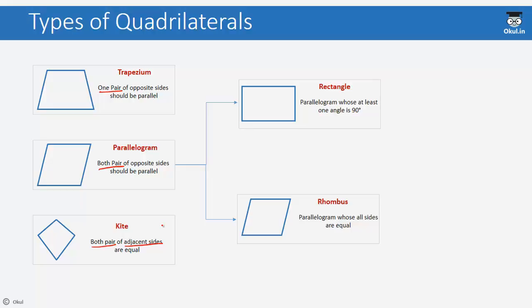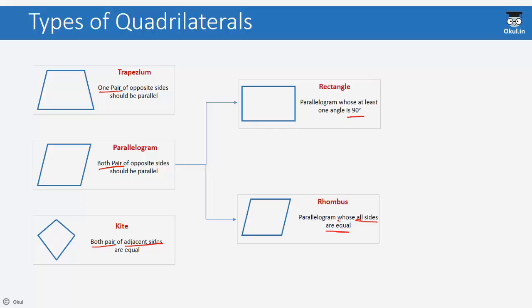They have some conditions added to them. The added condition in a rectangle is all angles must be 90 degrees, and in a rhombus, all sides must be equal. And now, since both are children of a parallelogram, all the conditions that hold true for a parallelogram are automatically transferred and satisfied for a rectangle and a rhombus.